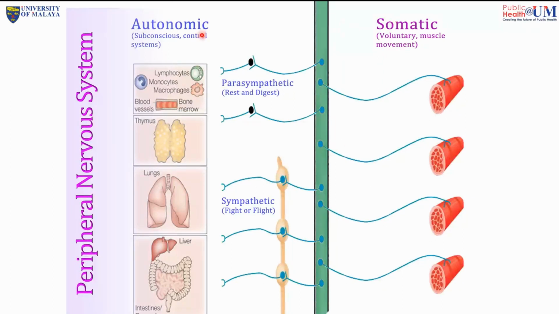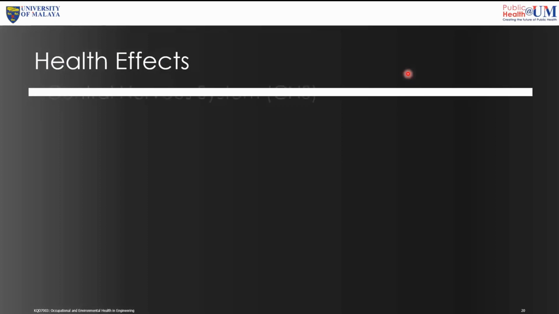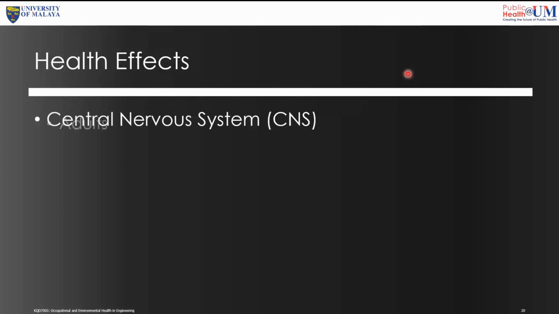Autonomic means that the function of the nervous system is automatic and not controlled by your will, and somatic, we know that your muscle movement is controlled by what you think. So that's somatic and autonomic.